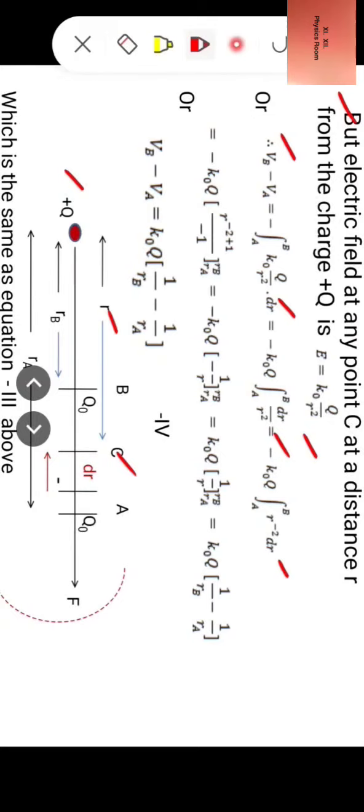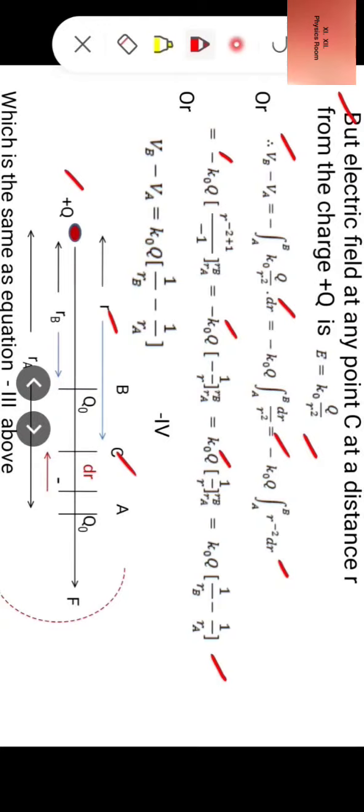Now we evaluate the integrals, or it can be written as equal to minus k naught q bracket start r raised to power minus 2 plus 1 divided by minus 1 bracket closed limits a to b, or it is equal to minus k naught q into minus 1 by r limits a to b, or it is equal to k naught q into 1 by r limits a to b, or it is equal to k naught q into 1 by rb minus 1 by ra.